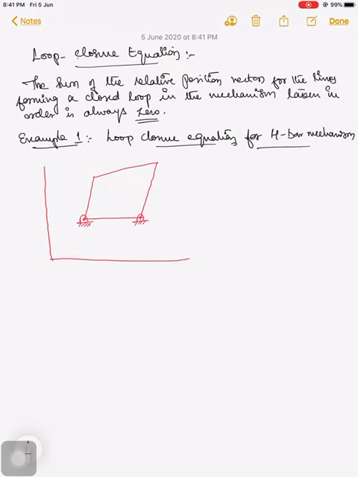Let us consider a 4-bar mechanism P, Q, R and S. Let us represent the vectors here.